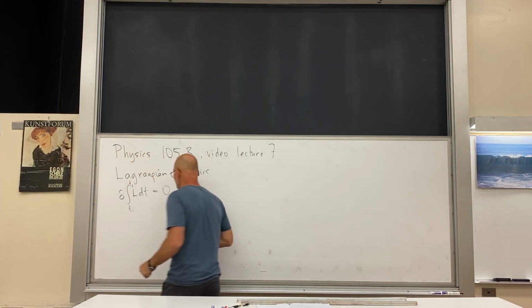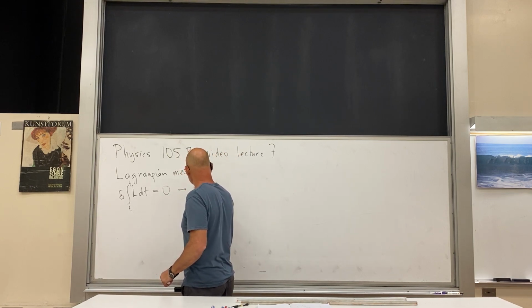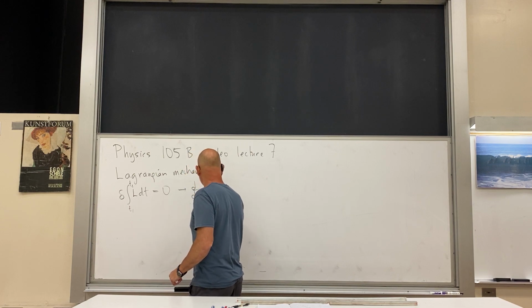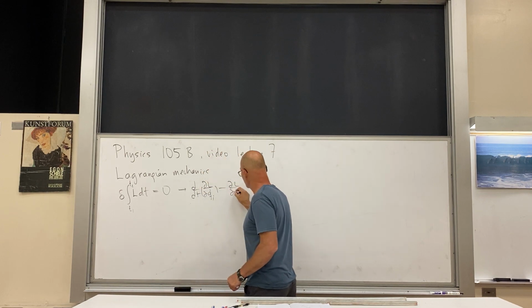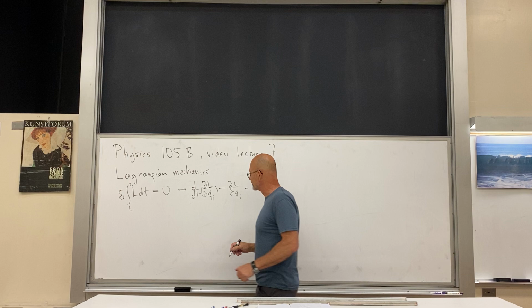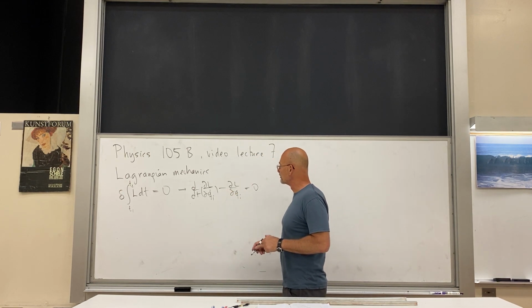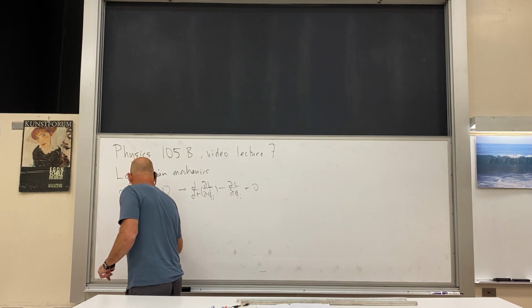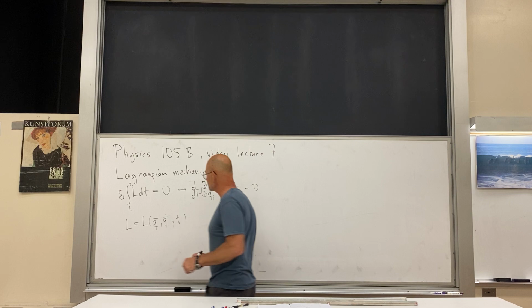The variational principle gives us the equations of motion. And what I'm writing down here is already using the generalized coordinates. So we get the equations of motion. L is a function of the coordinates, their time derivatives, and the time in general.